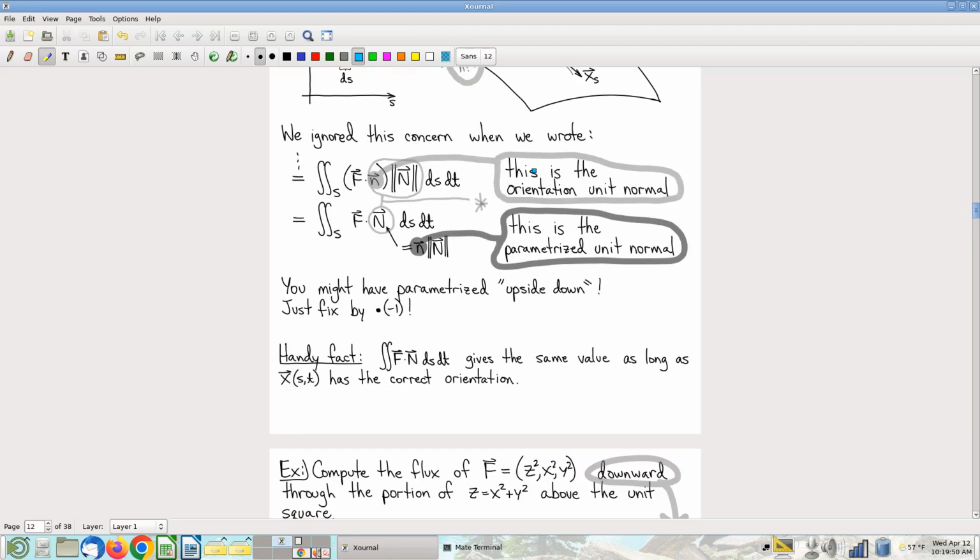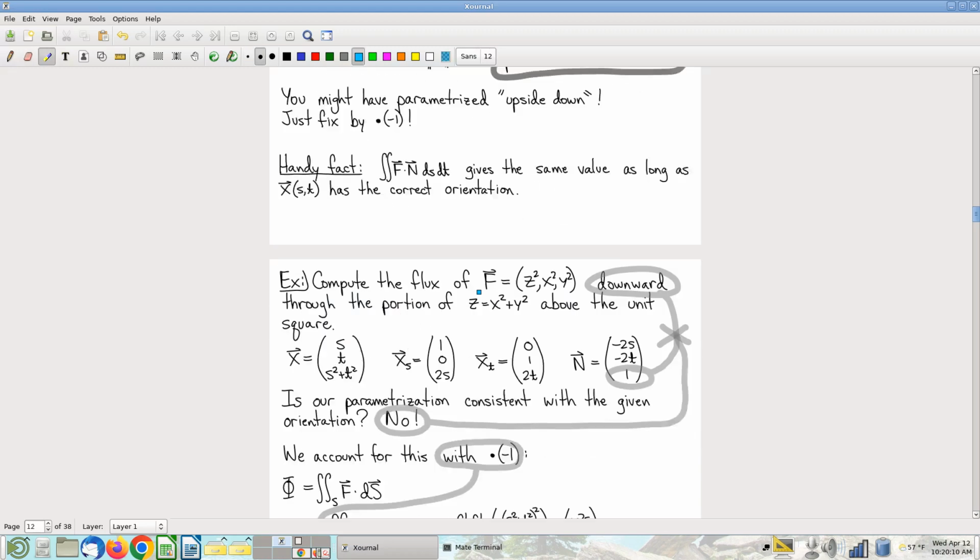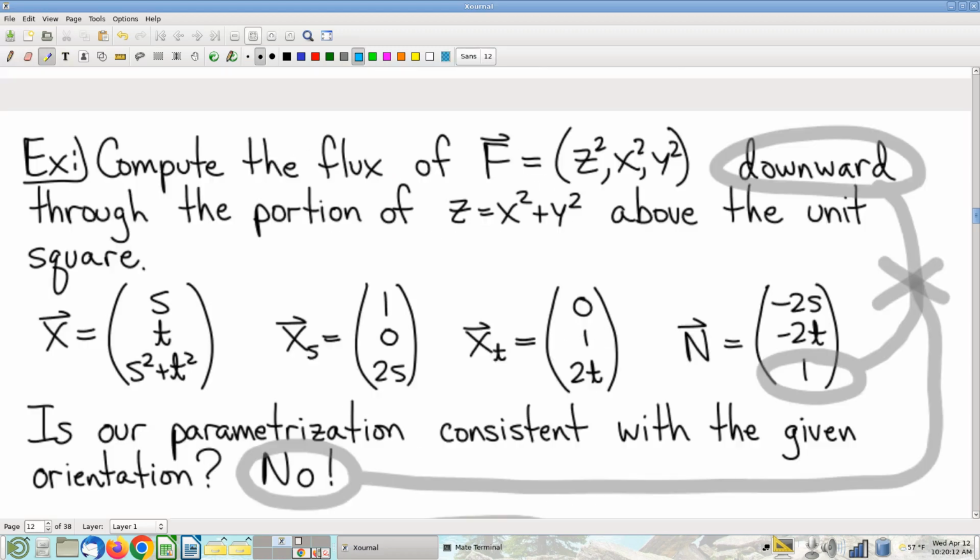So I'm going to continue on from this point now, but the issue that we're going to address is how do I know if I might have parameterized upside down? How can I avoid accidentally parameterizing upside down, and how do I deal with it if I find that I did parameterize upside down? Okay. All right, so here we go.